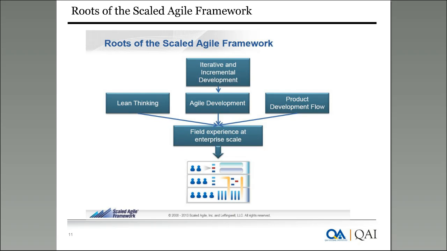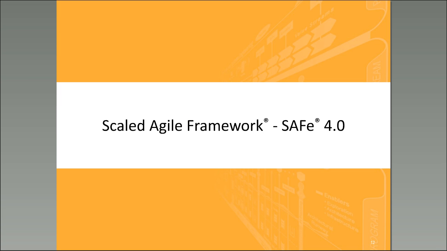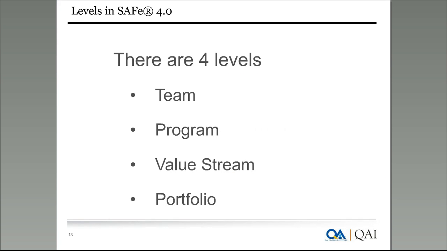They have also taken practices from product development flow and, of course, the Lean principles. So the Scaled Agile Framework practices have their roots in all these methods, and from all of these it has come up with a framework, right? Now let us take a big look at the structure of the Scaled Agile Framework.